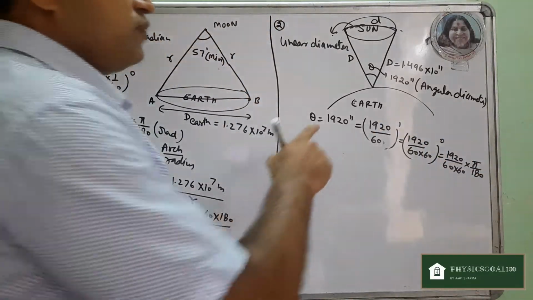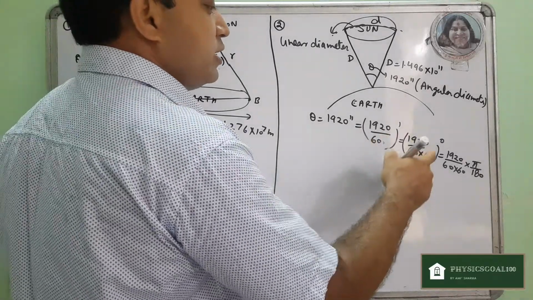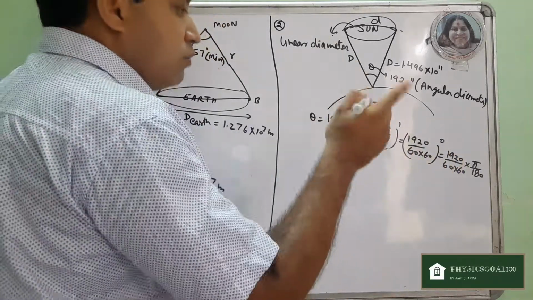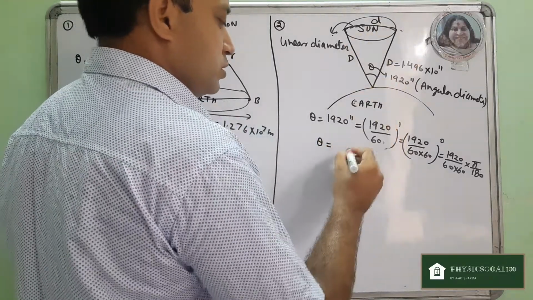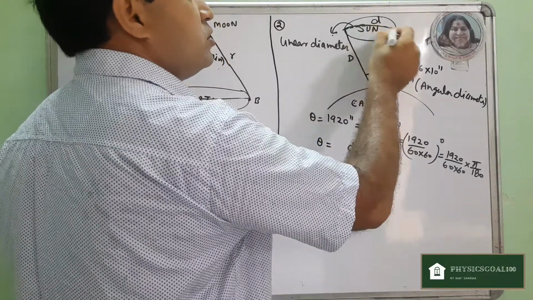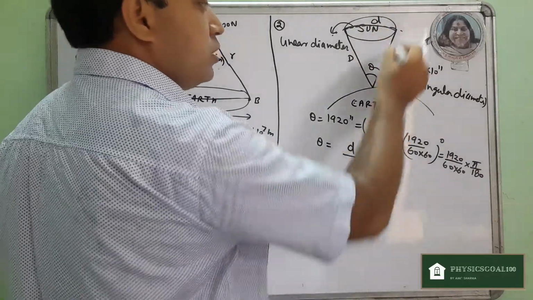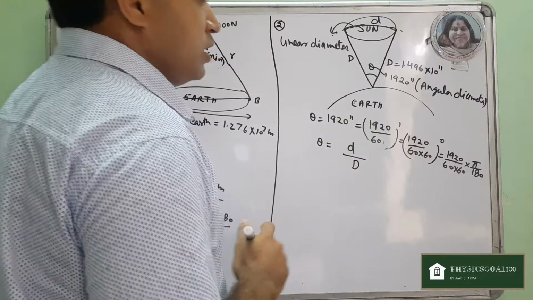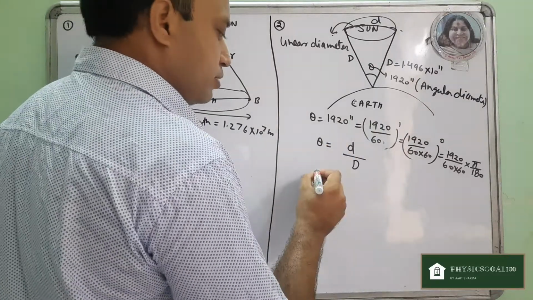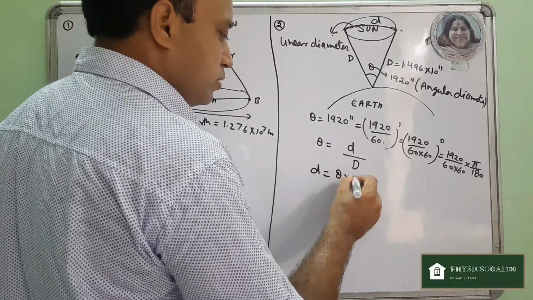So we have to convert first seconds into minutes, minutes into degree, and degree into the radian. Now we can apply the formula. Theta is equal to sun linear diameter upon this distance capital D. Then we have to find this linear diameter. So d is theta into capital D.